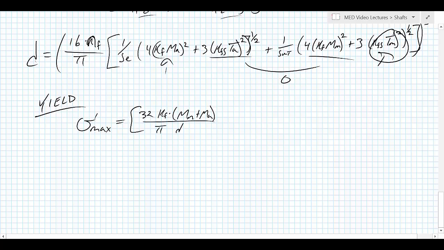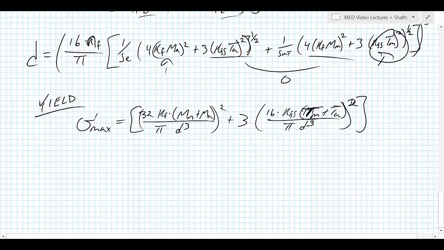over pi, and that diameter we just found, that squared plus 3 times the 16 kfs, and the torque mean plus the torque amplitude over pi d cubed squared, and then 1/2.